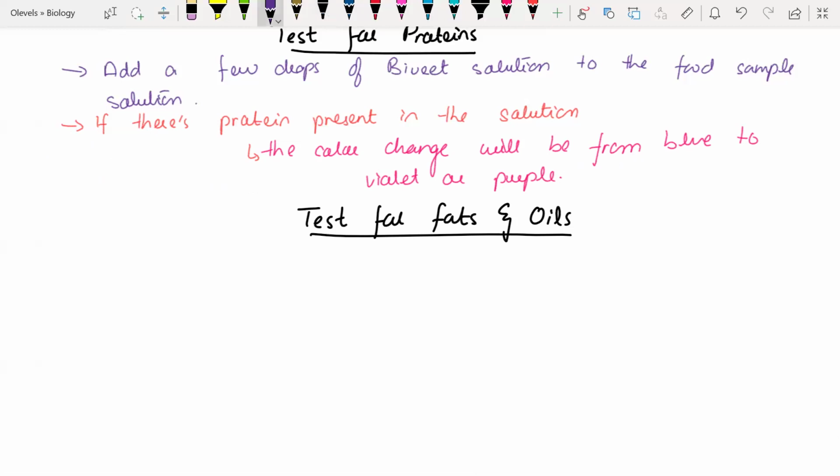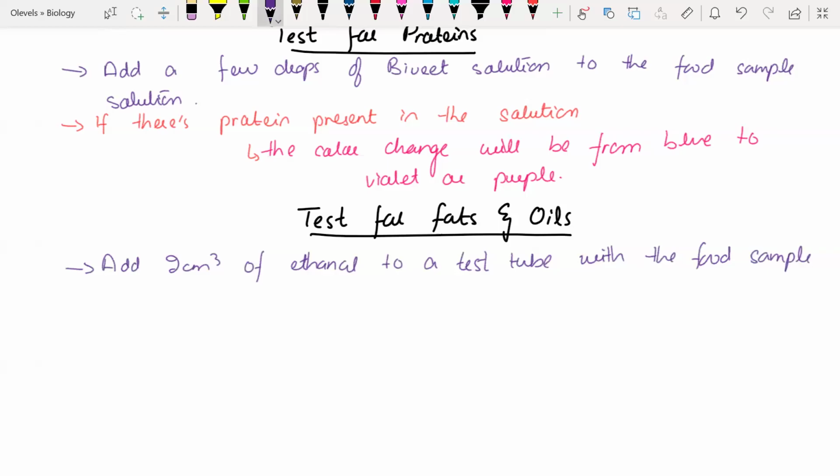In this case, you add 2 centimeter cube of ethanol to a test tube with the food sample, and you have to shake it well.